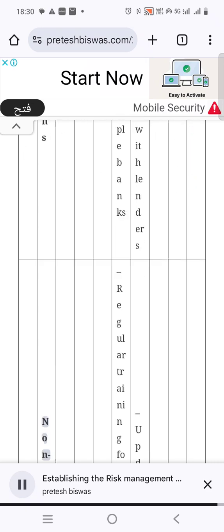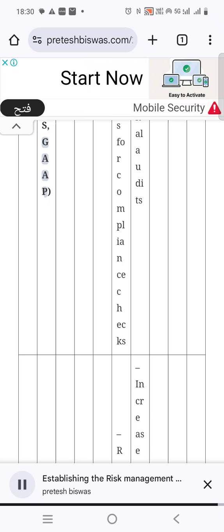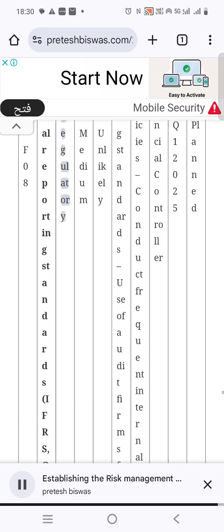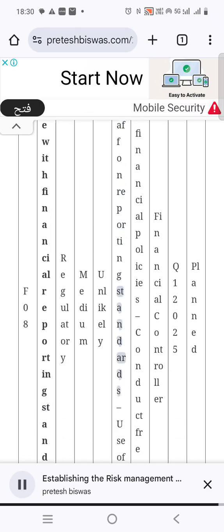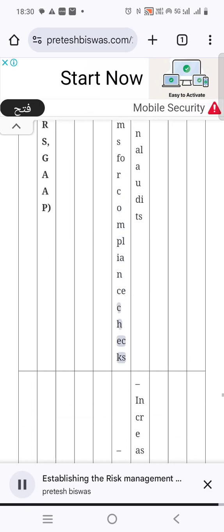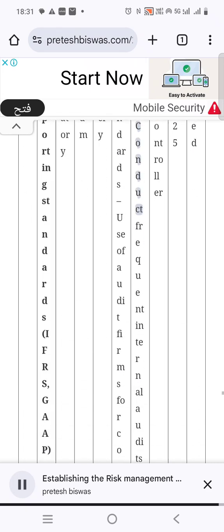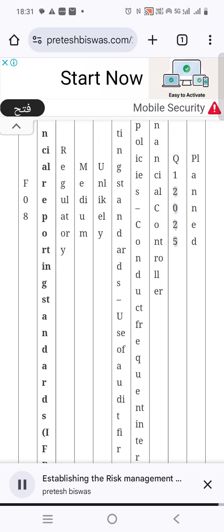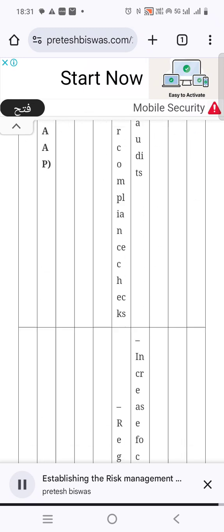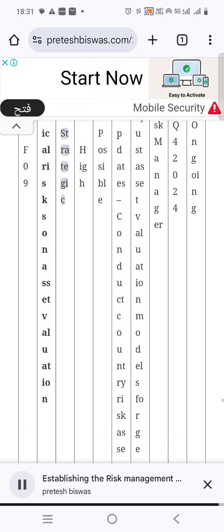Ongoing. Non-compliance with financial reporting standards, IFRS, GAAP. Regulatory. Medium. Unlikely. Regular training for finance staff on reporting standards, use of audit firms for compliance checks. Update internal financial policies, conduct frequent internal audits. Q1 2025. Planned. Impact of geopolitical risks on asset valuation. Strategic.